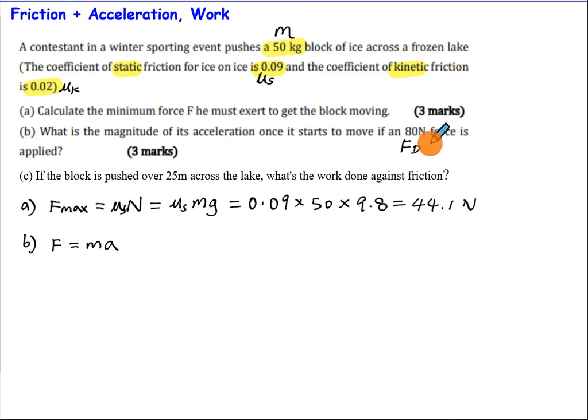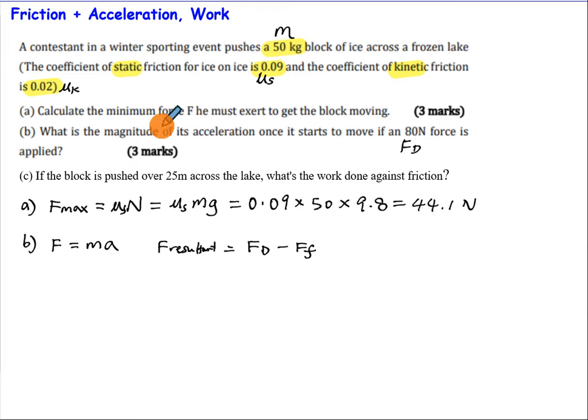In this case, we have a driving force that's trying to move the block, and the friction force is trying to stop it or slow it down. Therefore, the net effect, the resultant force, is my driving force minus my friction force. Now, I can't use the friction force that I calculated from part A because that is a maximal static frictional force.